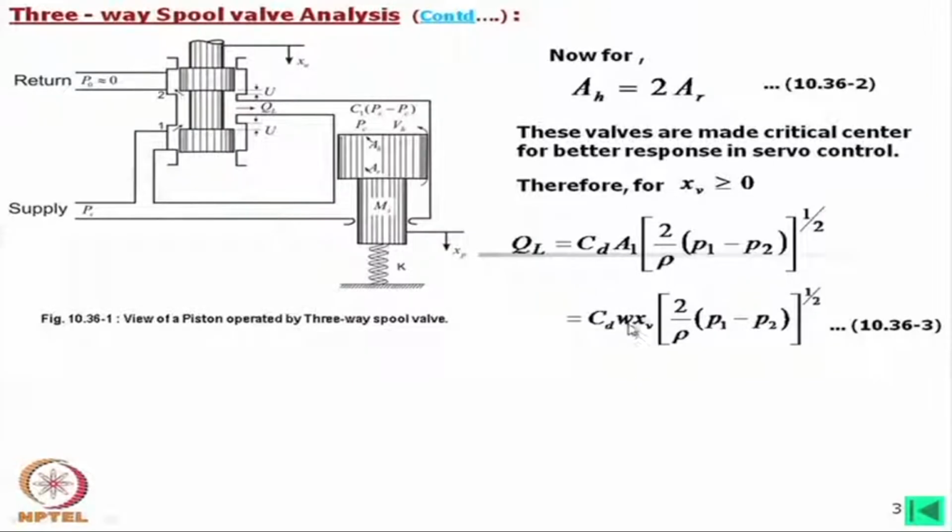Anyway, this into the stroke length will give the total area open there, that is the orifice area, and so this is the equation we can write for the load flow.